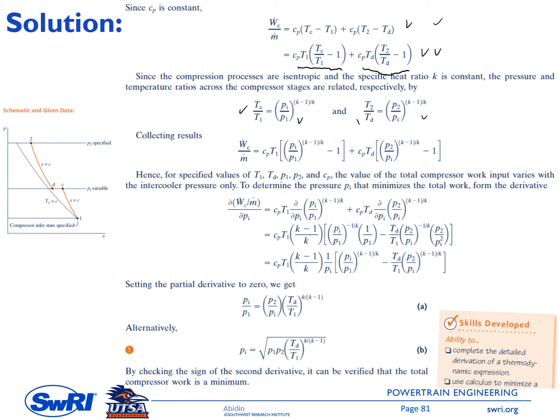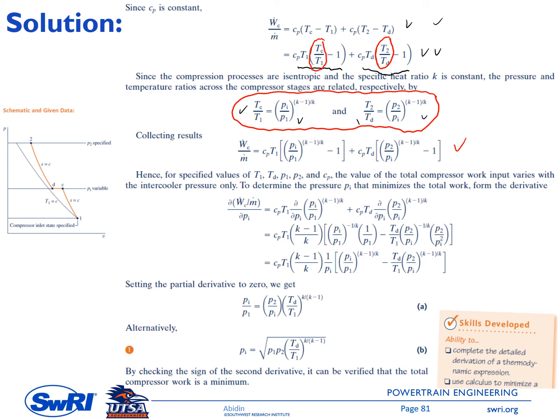Similarly, you will get the correlation for T2 over Td equal to P2 over Pi to the power of (K minus 1) over K. Then you can replace Tc over T1 and T2 over Td with these correlations. Okay, then you will get this one.